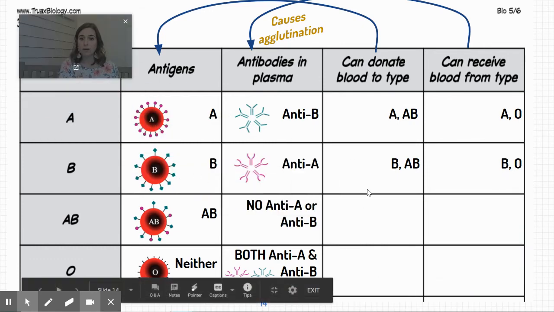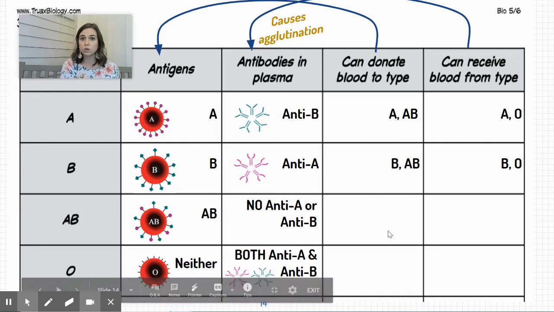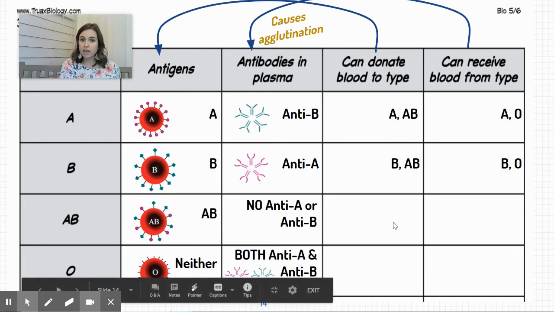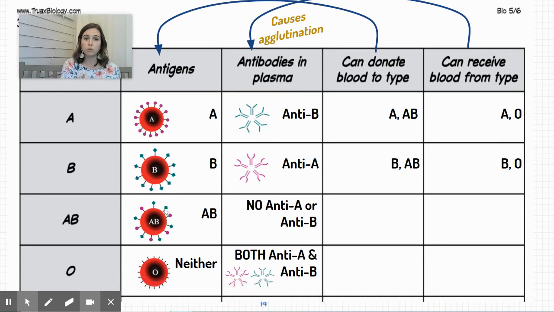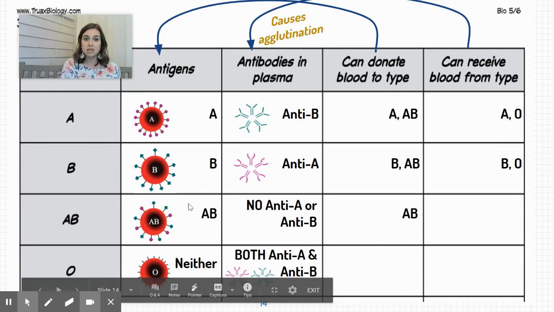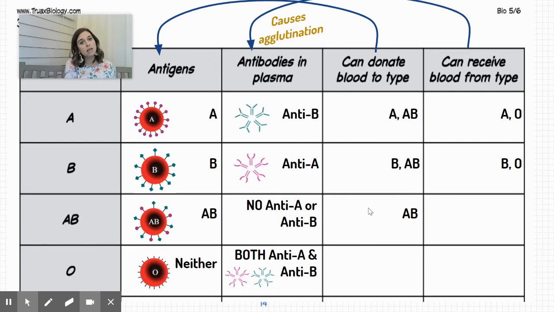Now AB blood, again, we're going to look at who they can donate to. In the case of AB blood, we want to again look and see who they match with. Well, they match with AB only because they have both. So ABs only can give their blood to other ABs.